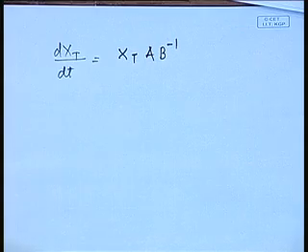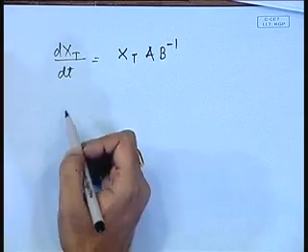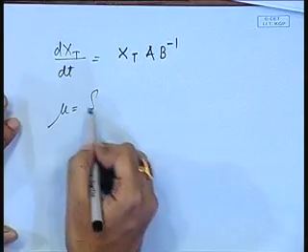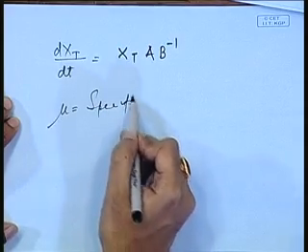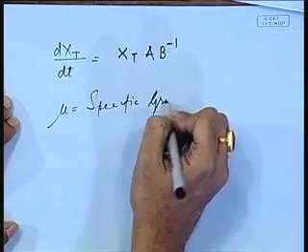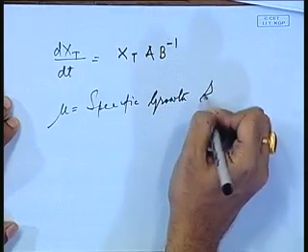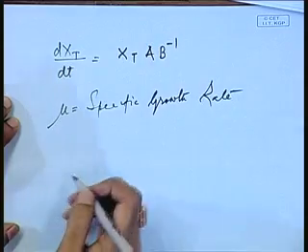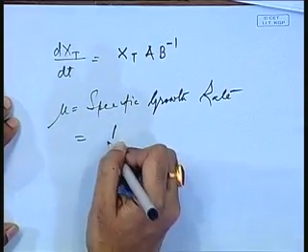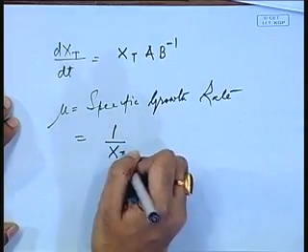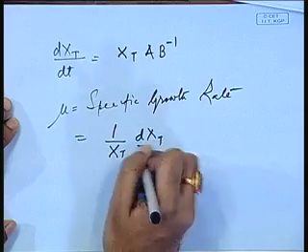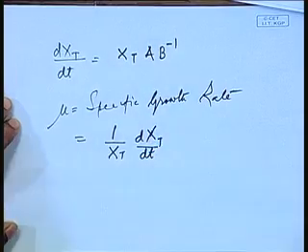Right? Now what is my mu? Mu is the specific growth rate. How is it defined? 1 over xt times dxt/dt, like the first order rate constant.